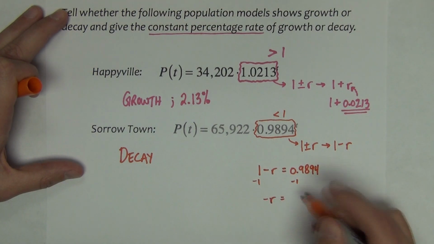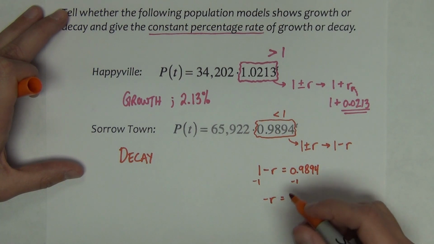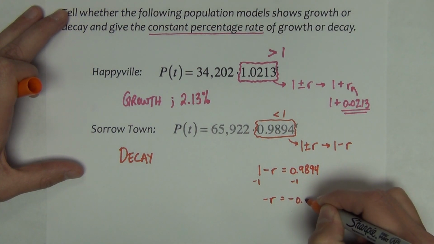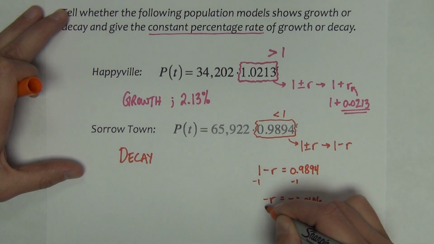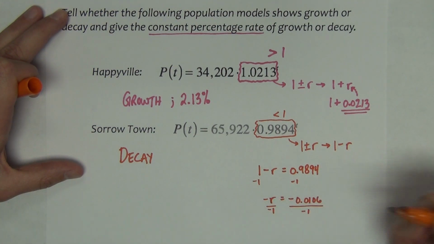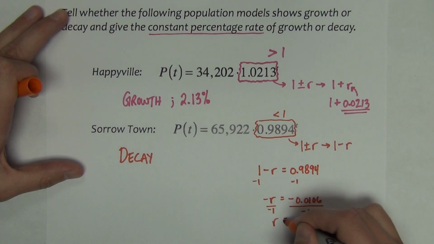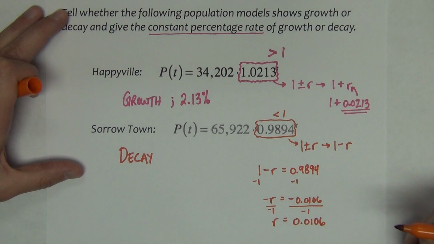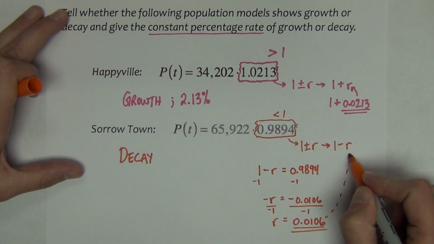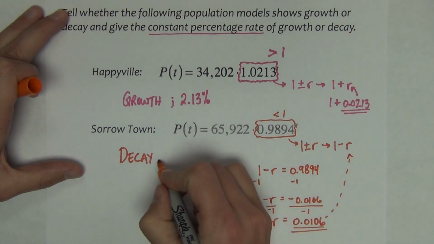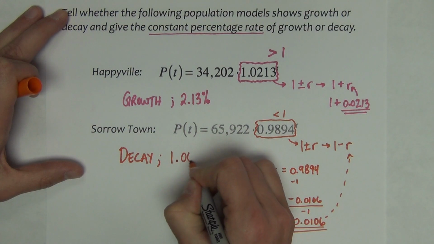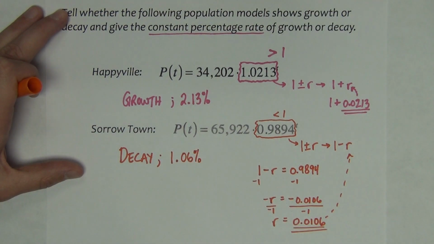So negative r is equal to negative 0.0106. We can divide by negative 1 so that we get r equals 0.0106. So that's the r as a decimal. Convert that decimal to a percent. We could say it's decaying at a rate of 1.06%.